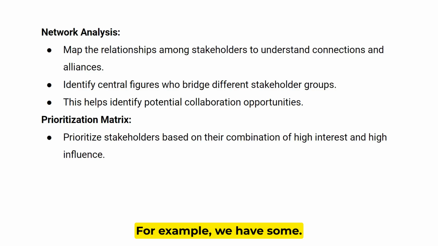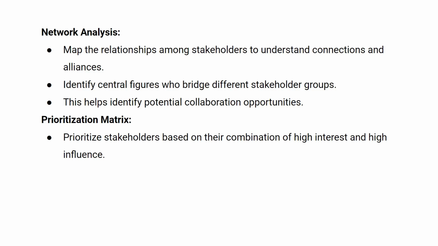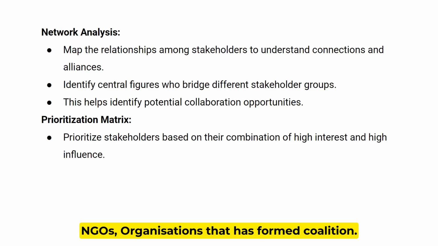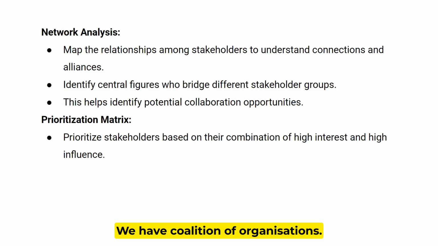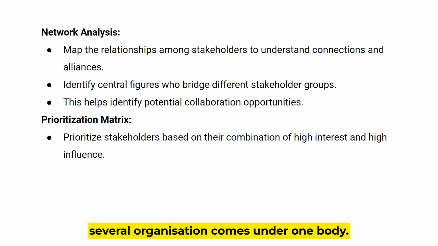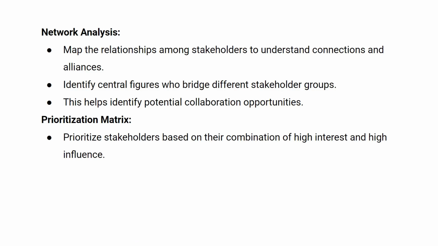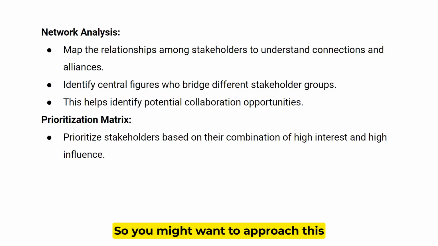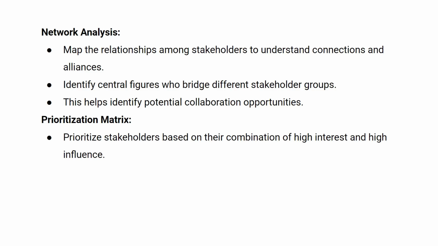For example, we have some NGOs, organizations that have formed a coalition. We have coalitions of organizations. A coalition is just when several organizations come under one body. So you might want to approach this coalition, this body, instead of engaging these stakeholders individually.